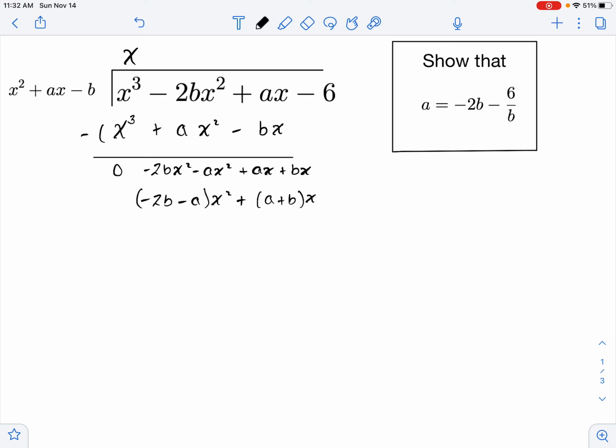The next thing we need to do is bring down my next term, so that is here the minus 6, and I go again, what do I multiply x squared by to get minus 2b minus a x squared? Well, of course, it must be minus 2b minus a. So I'll put that up here. Negative 2b minus a. So minus 2b minus a times x squared is negative 2b minus a, x squared.